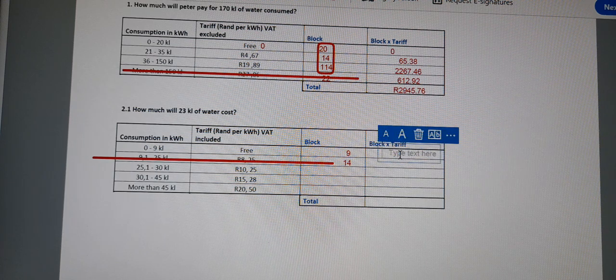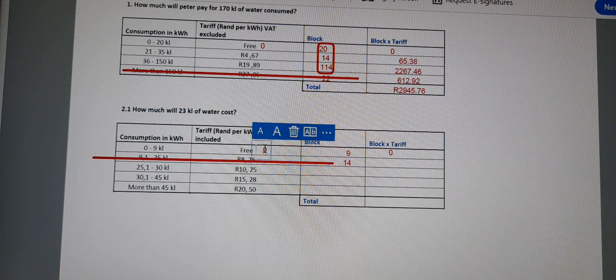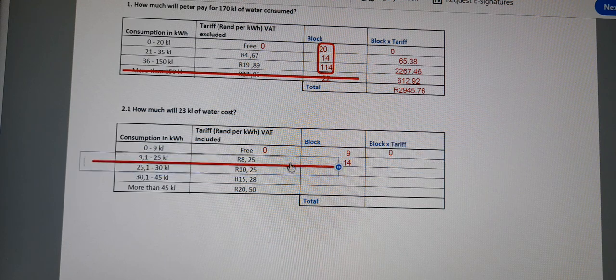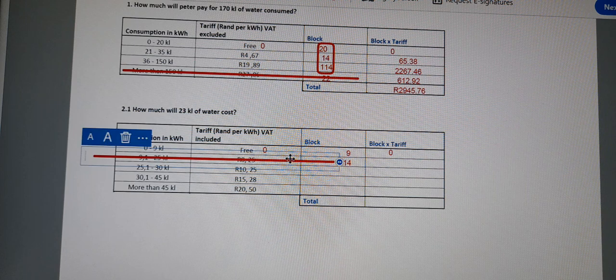It's going to be 9 times 0 is 0, because we know that free is 0. Okay, and this one is going to be 14 times, I don't know what that number is, 8.25. Times 8.25.